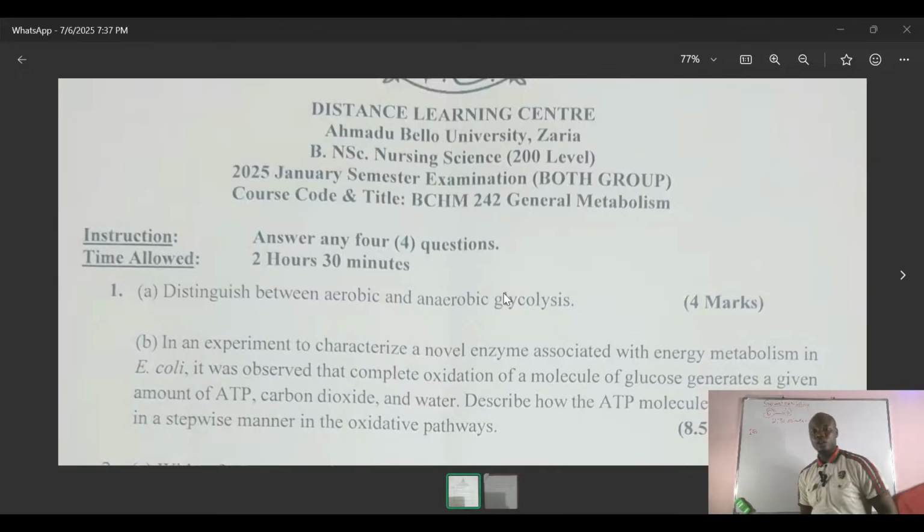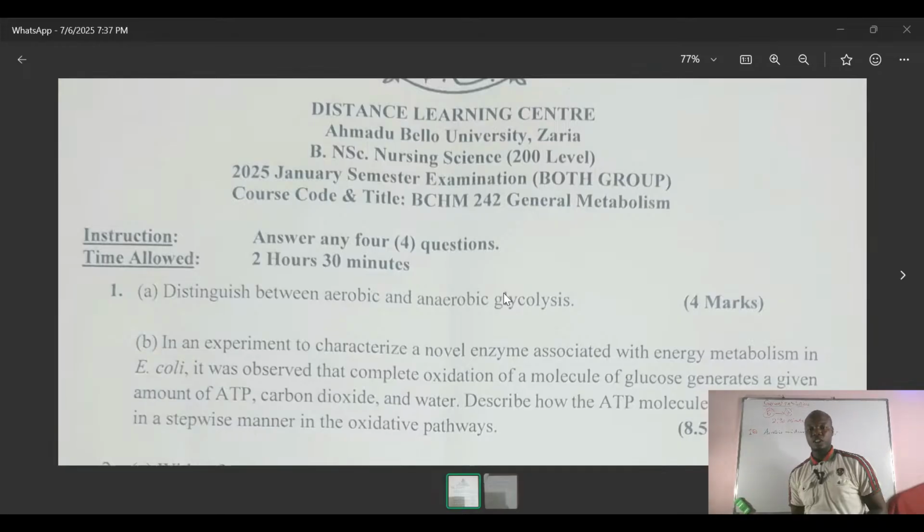So as you can see, question 1A says distinguish between aerobic and anaerobic glycolysis.